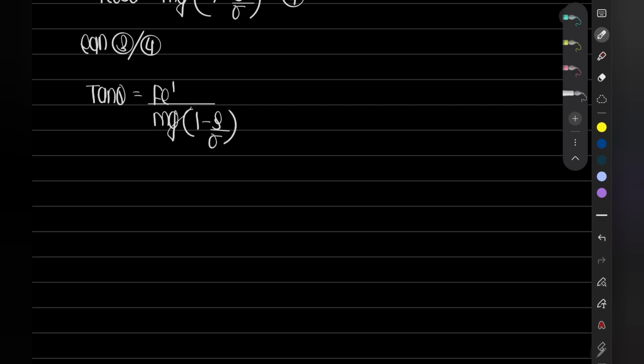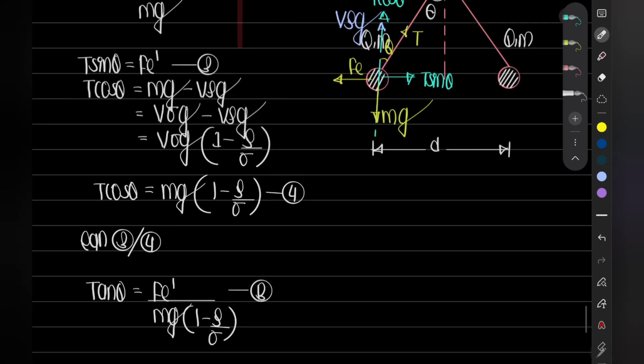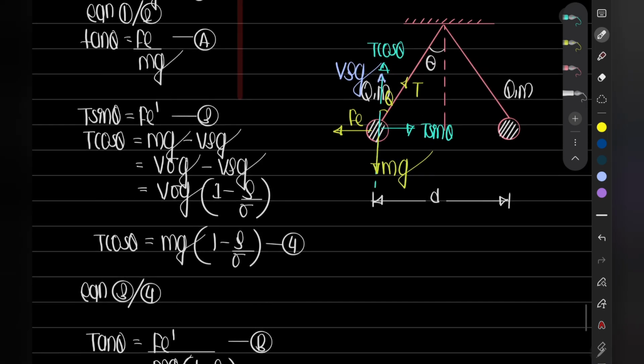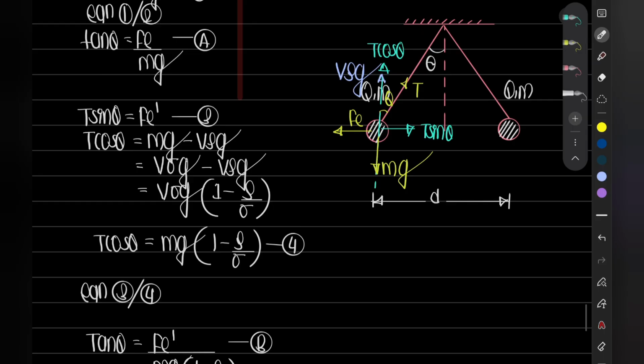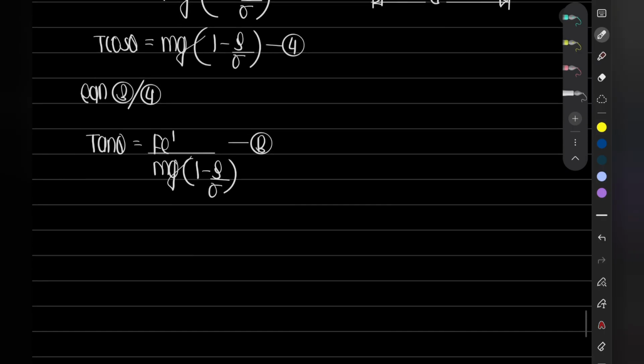Now we can see that in equation A and equation B, both have the left hand side the same, tan theta. So when we have the left hand side same, we can equate the right hand side. So from equation A and B.